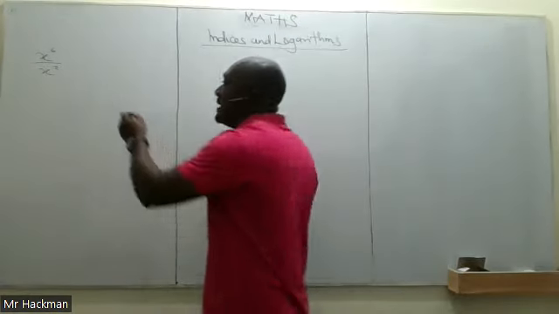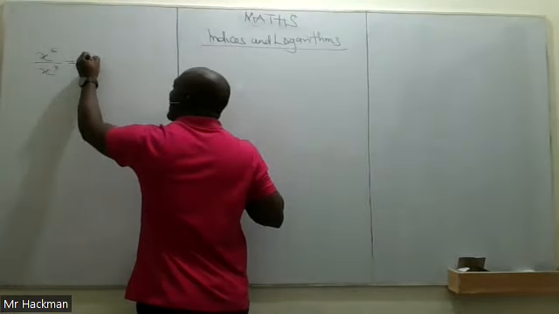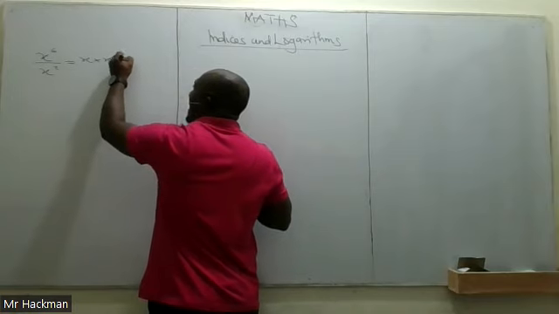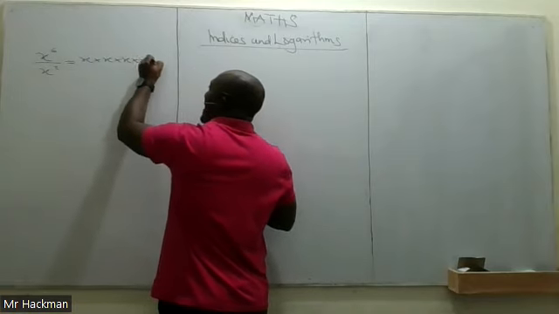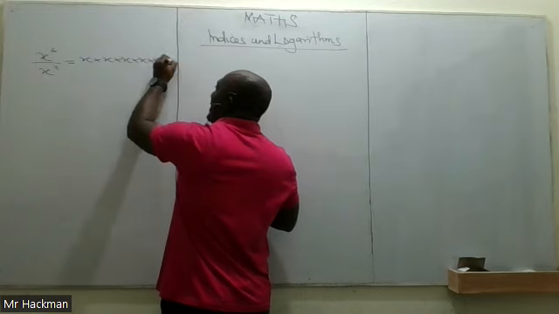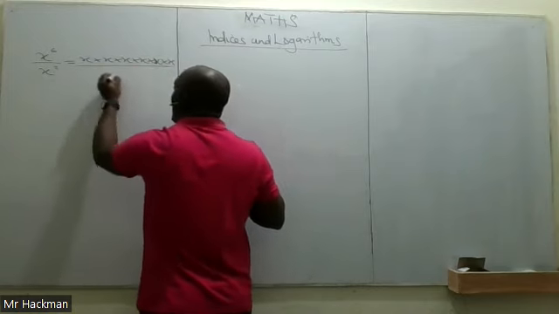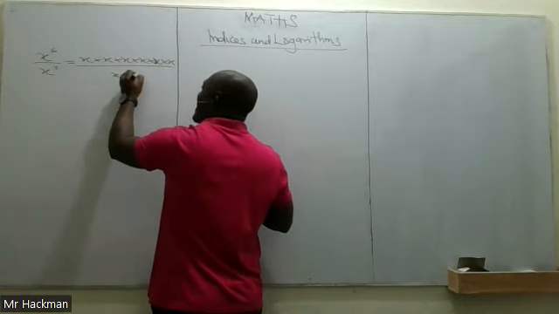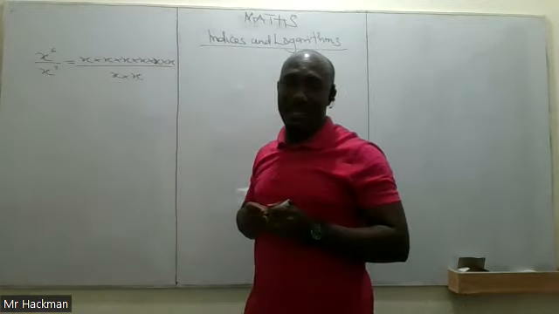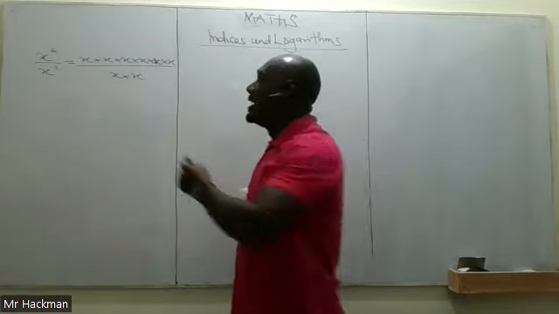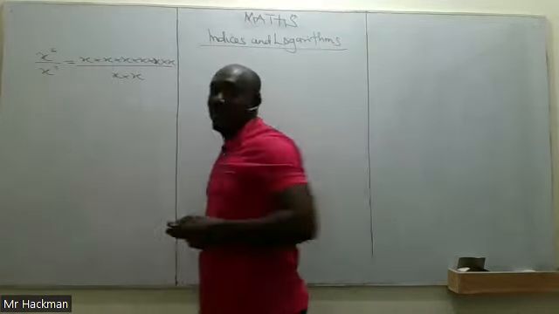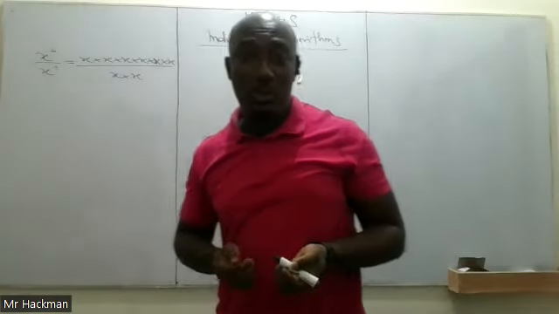So I need to write this as x times x times x times x times x times x. Let me count 1, 2, 3, 4, 5, 6. All over my denominator will also give me x times x. That is x multiplying itself twice. So if I want to reduce, then I start canceling. Was that not what you were also told?